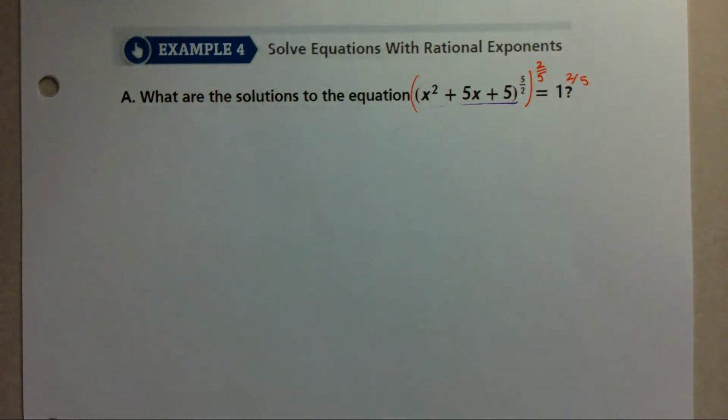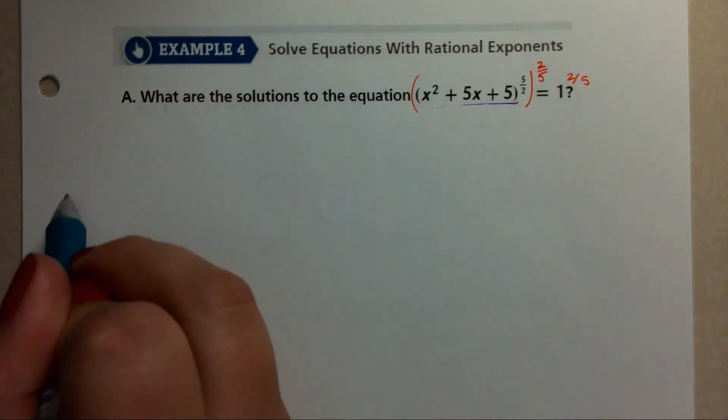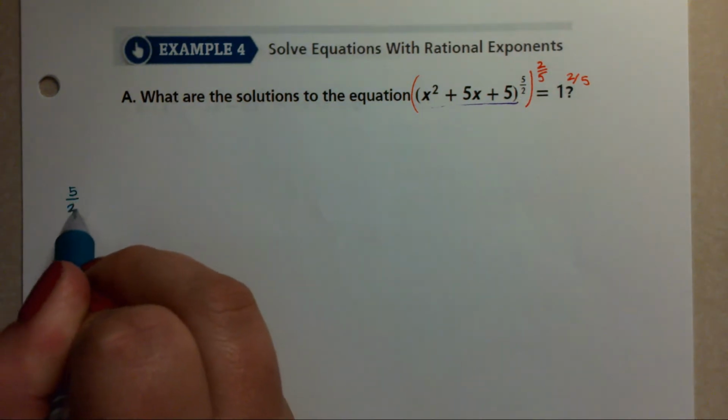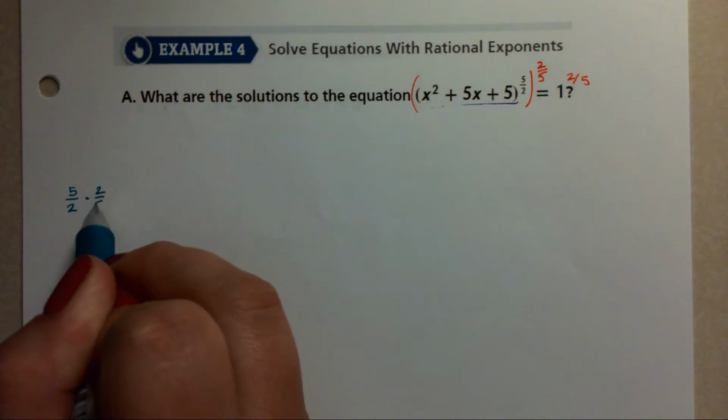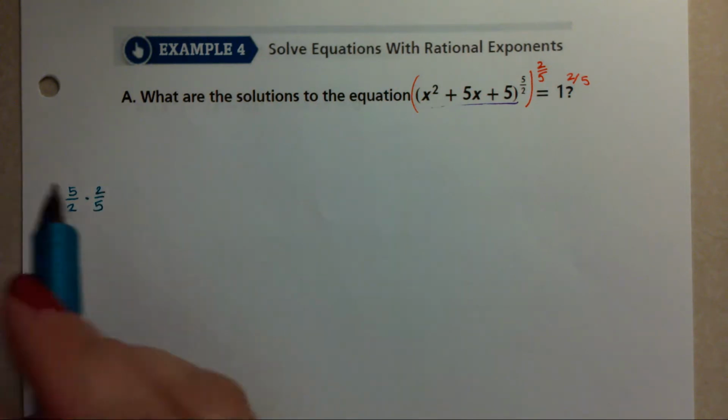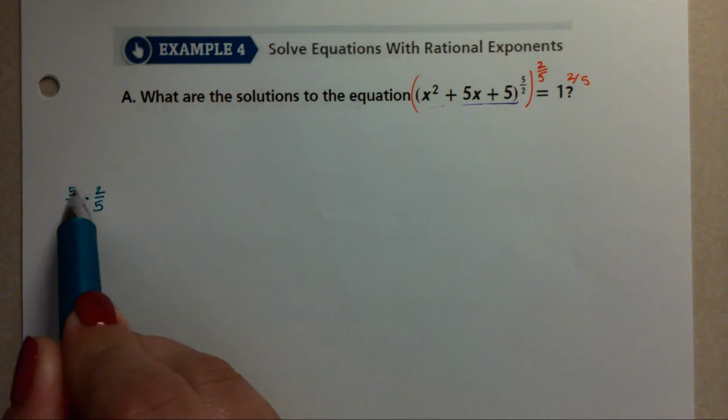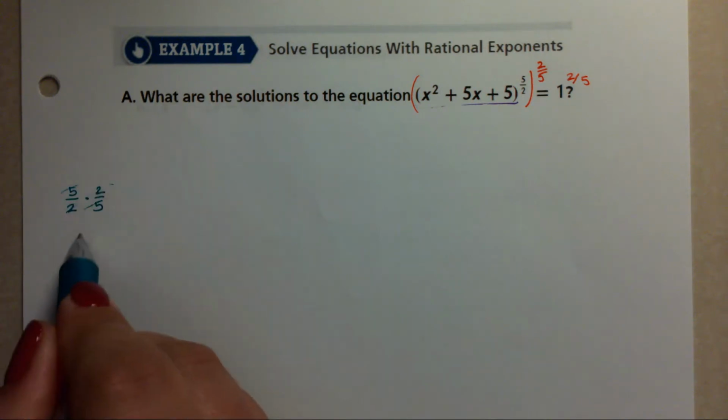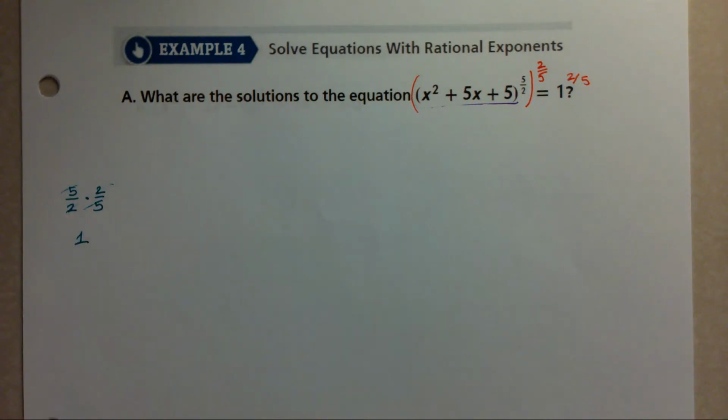We do that because when you do power to a power, you multiply your powers, so we're going to have 5/2 times 2/5, and when you multiply a number by its reciprocal, you get 1. So it cancels out the rational exponent.